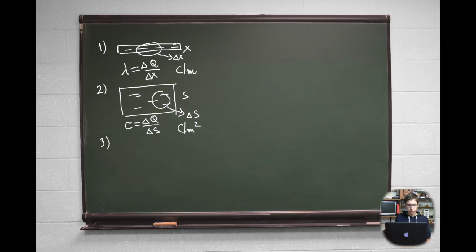The last type is charge density per unit of volume. It's appropriate for the charge density of, for example, a cube, where all three dimensions are important.